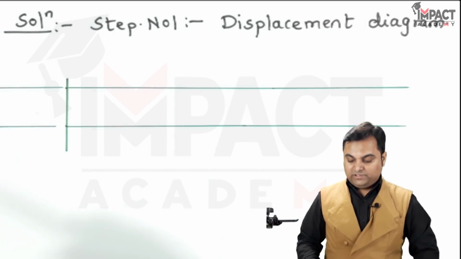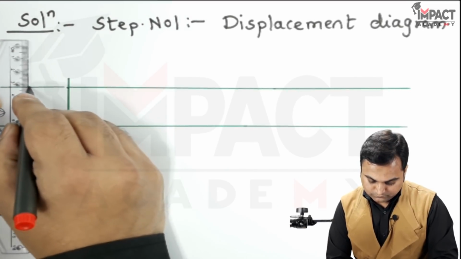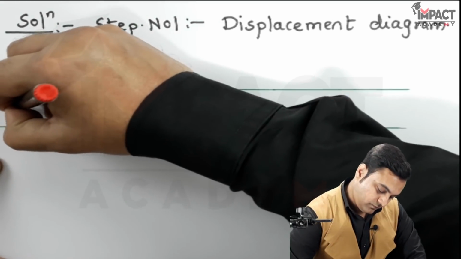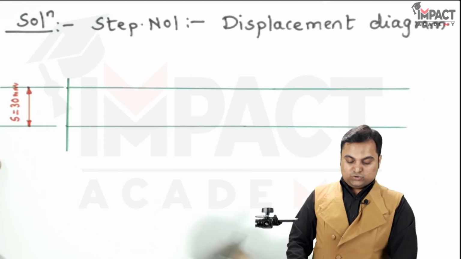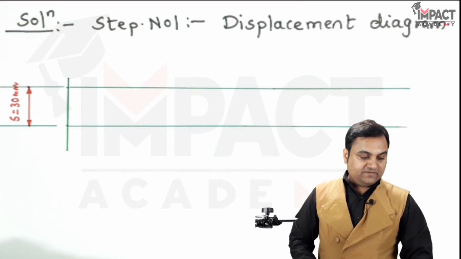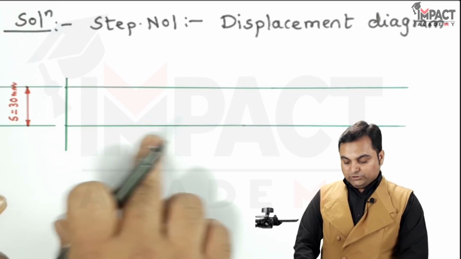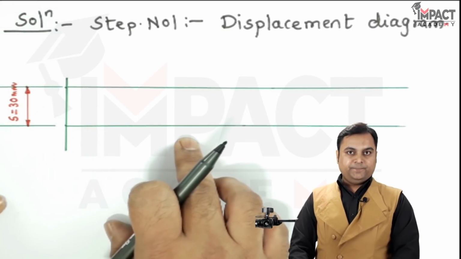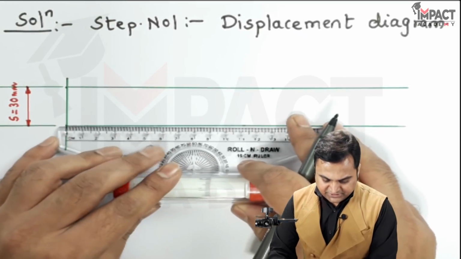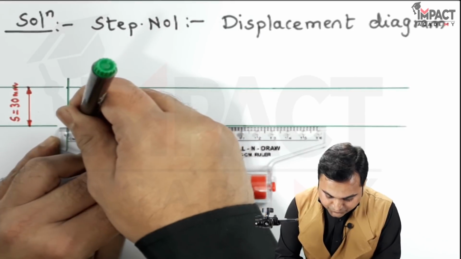Drawing light horizontal lines. So this is the stroke of 30 mm. Then the outstroke is given as 60 degree, and I am going to plot it over this horizontal line considering 1 centimeter as 10 degrees. Since it is 60 degree, it would fit into 6 centimeters, and dividing it into 6 equal parts.